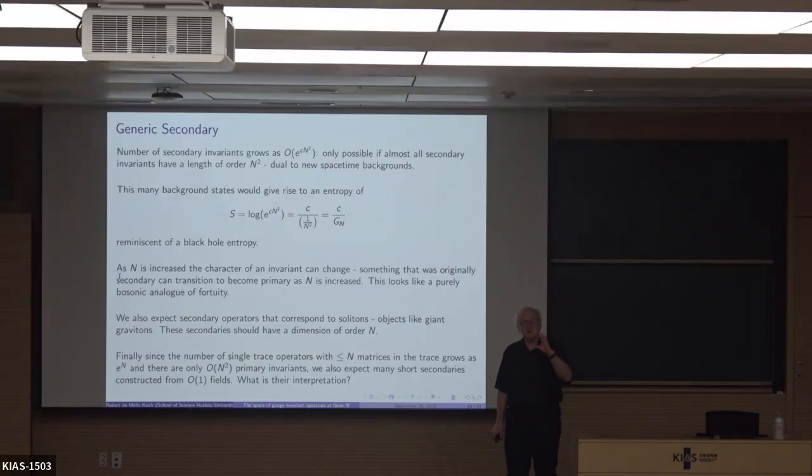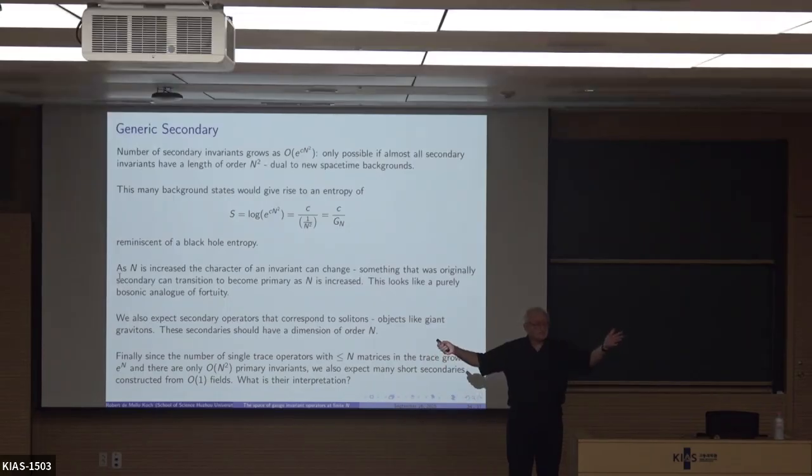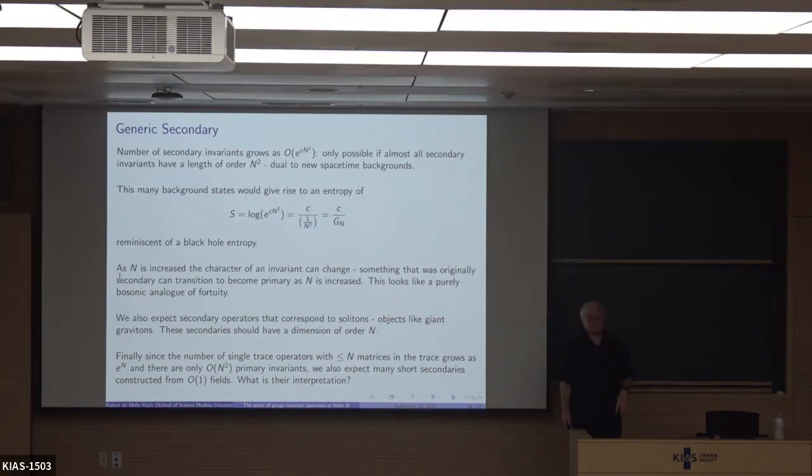So this is an example of a fortuitous operator, where it's really a black hole microstate at one value of n, but not at higher values of n. Here too, we can pick an operator that is a secondary at one value of n, and if you increase the value of n, its character can change. It might disappear and not be an invariant at all, or it might become primary. So this looks very much like some sort of a bosonic analog of what you see in these 1/16th settings.